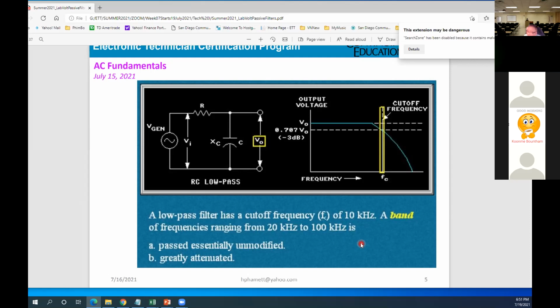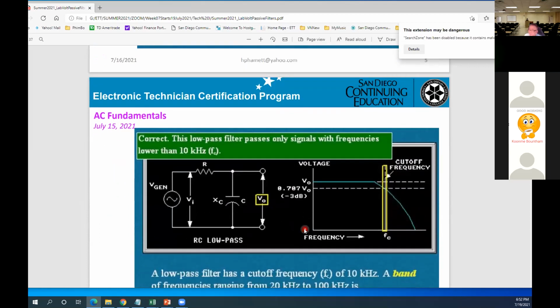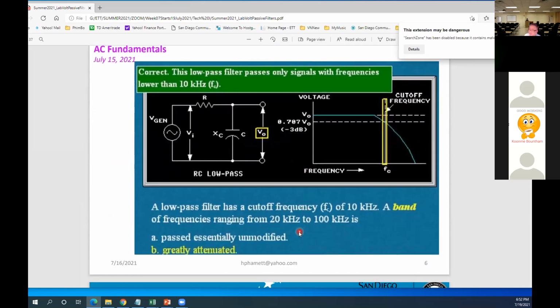Any frequency higher than 10K is the stop band. They want to stop it. So signals ranging 20K to 100K are basically in the stop band, or greatly attenuated. Attenuated means going down. That is the answer.